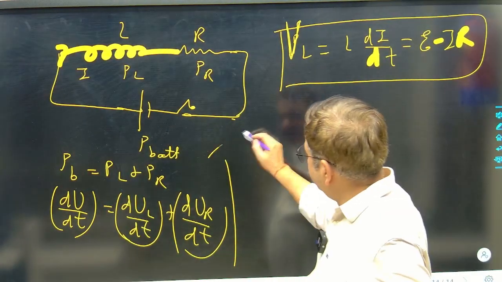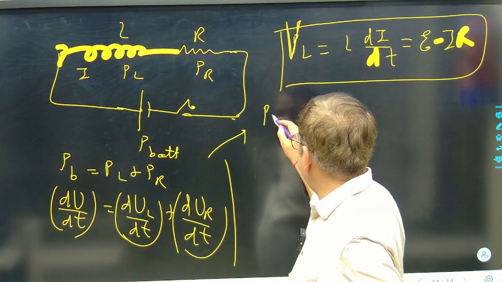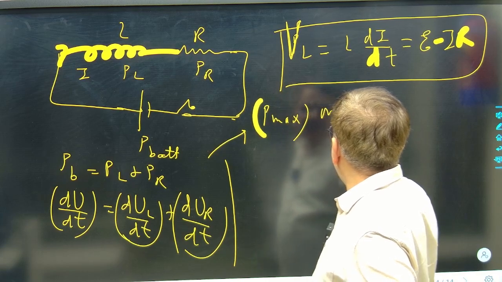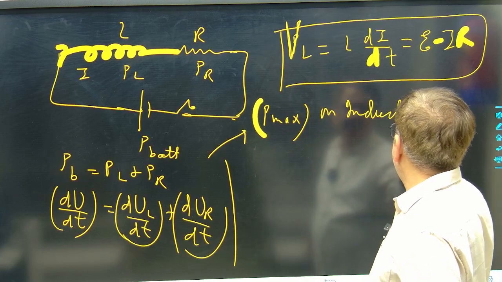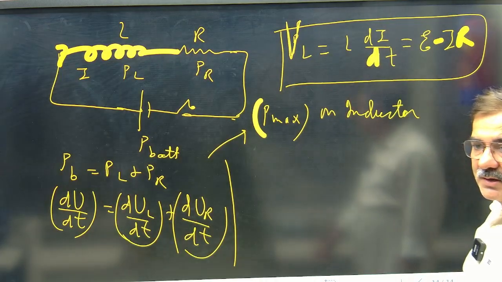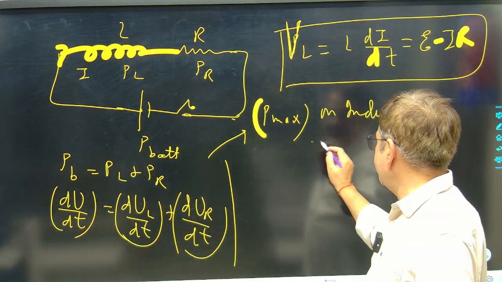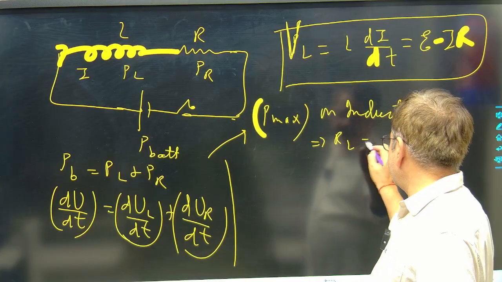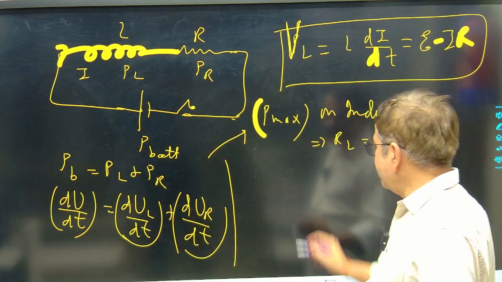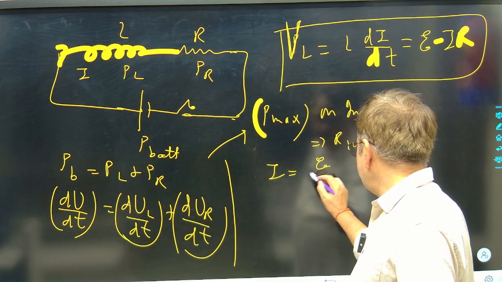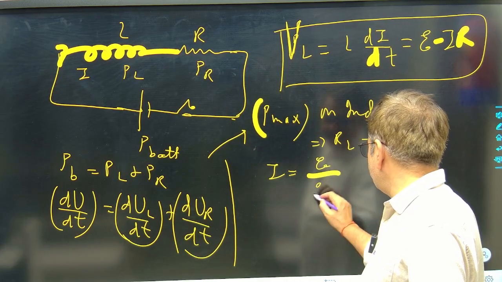Sometimes the condition asked is the maximum rate of power on the inductor. How do we get it? For maximum power on the inductor, this happens when the resistance of the inductor becomes R, when the current I equals E over 2R, since both resistances are equal.